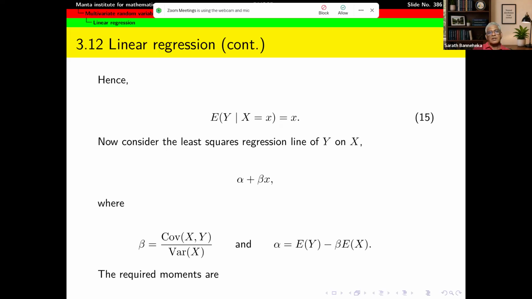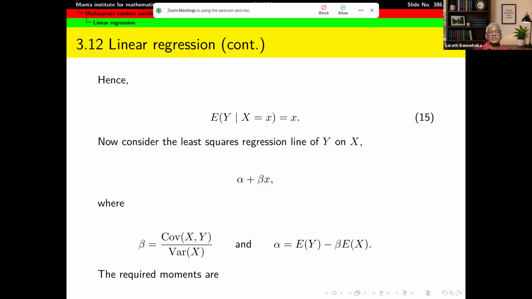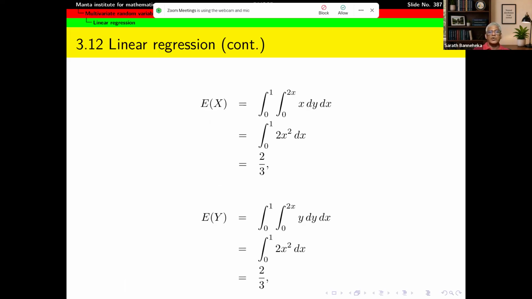Now we will also find the least squares regression line alpha plus beta x. In order to do that, we need to find alpha and beta separately, where beta is equal to the covariance of x and y divided by the variance of x, and alpha is given by this expression. We can get the expected value of x and the expected value of y; we know how to get those.